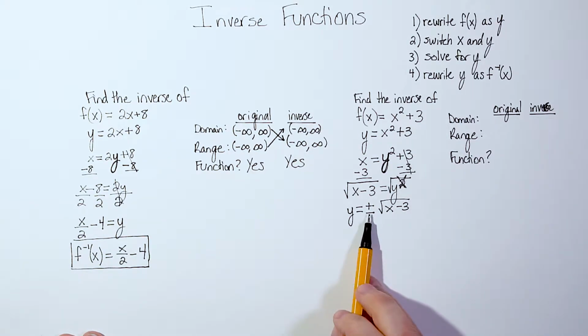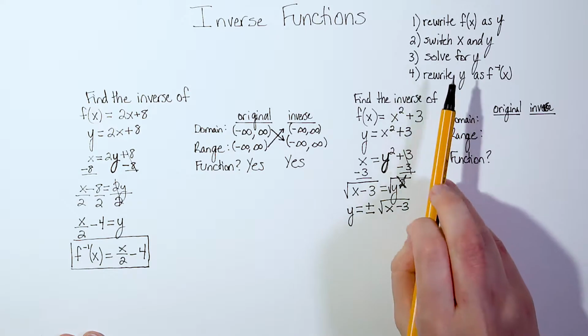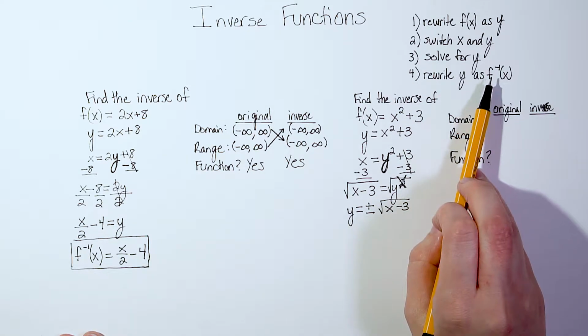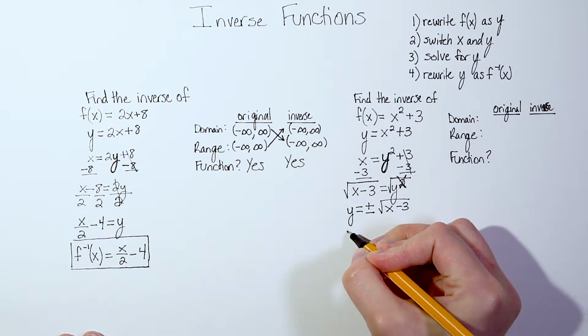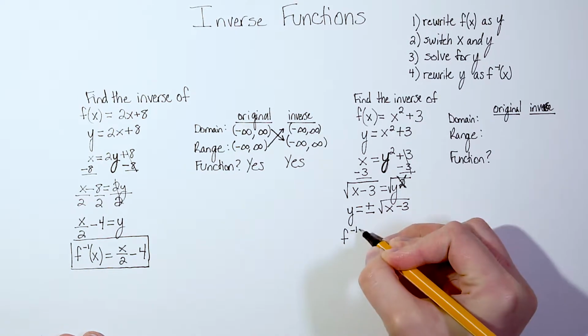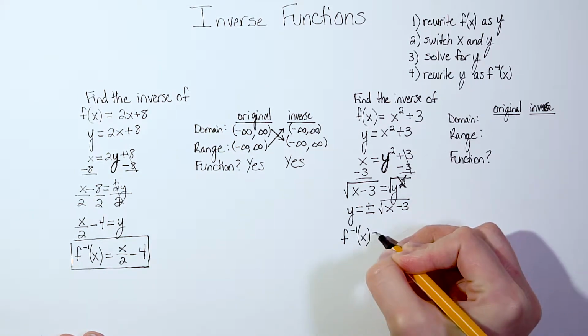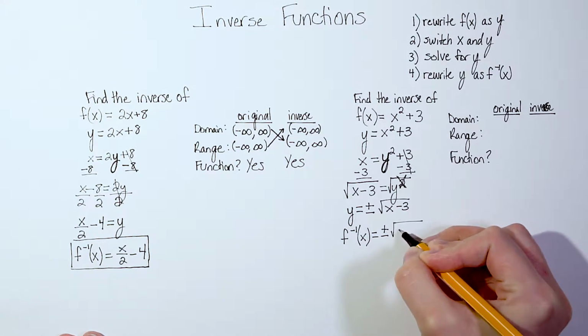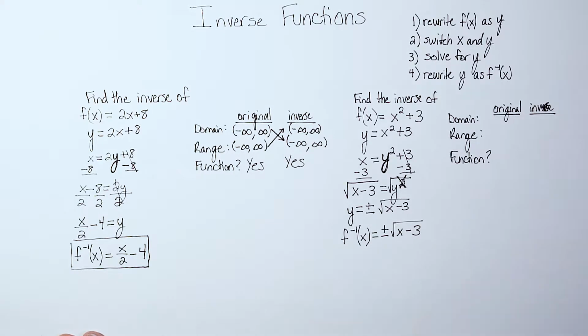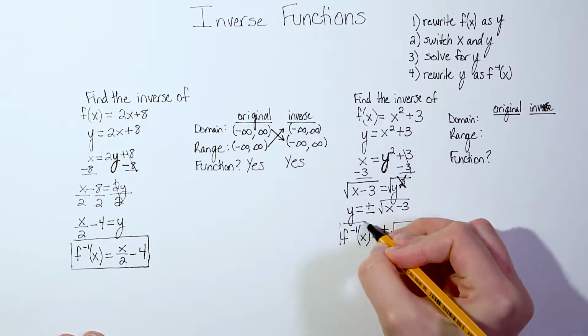And that's going to be very important, and I'll prove to you why on the calculator. And then my final step, rewrite y as f inverse of x. So instead of y, I'm just going to write it as f inverse of x equals positive or negative square root of x minus 3. And that is my inverse.